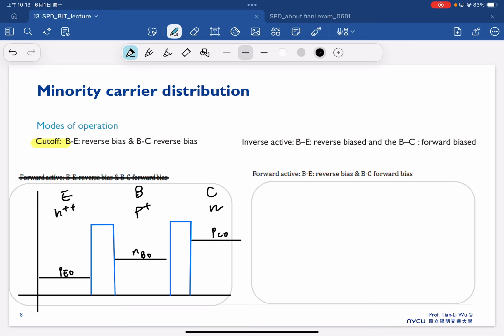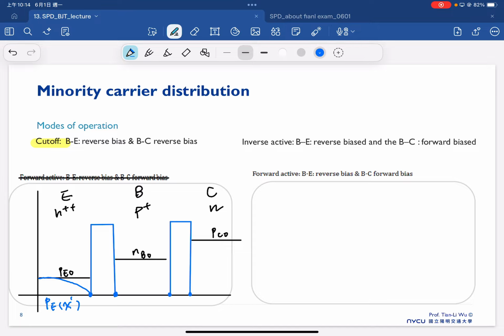And because right now the base emitter is under reverse bias, just remember, as long as it is under reverse bias, the concentration at this boundary must be equal to 0, and therefore we have this kind of distribution. And because the base and collector is also under reverse bias, the concentration here must also equal 0.